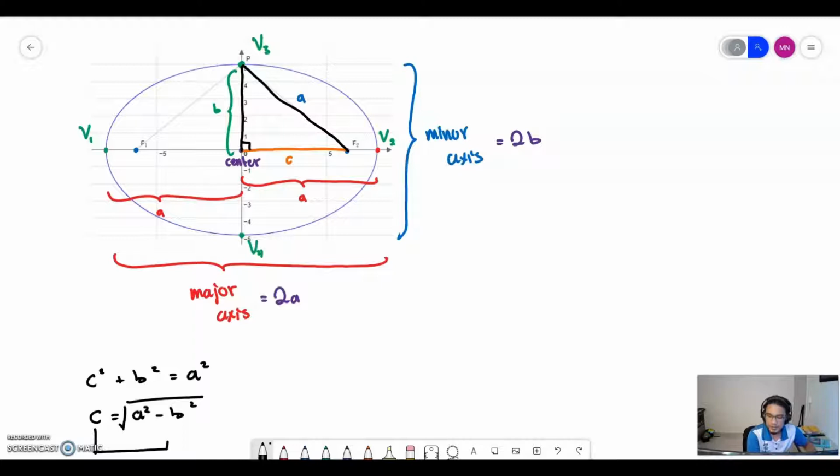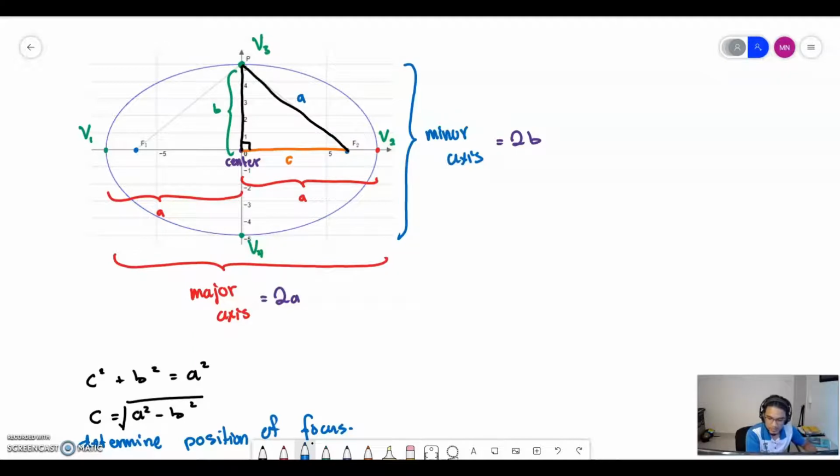This value of c is very important because it will help us to determine the position of the focus.